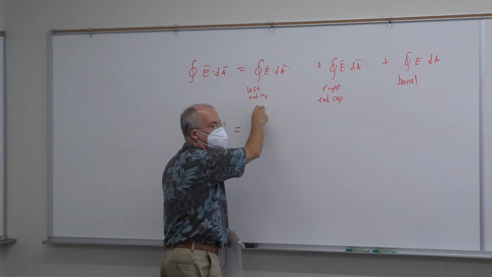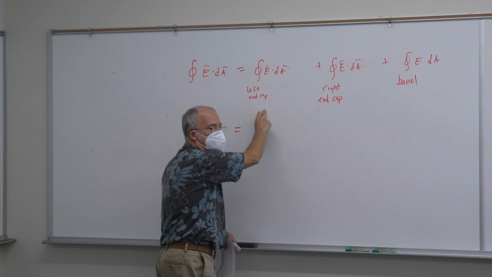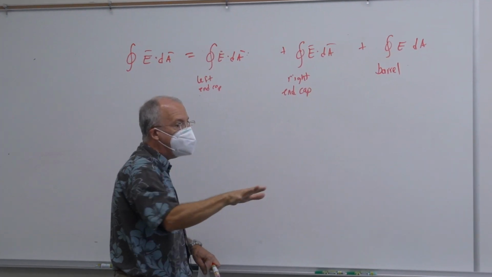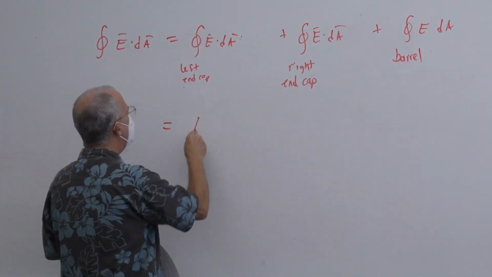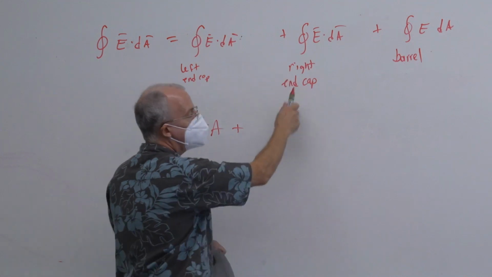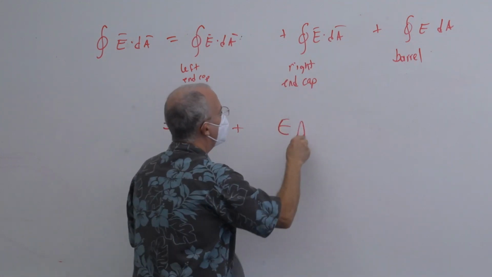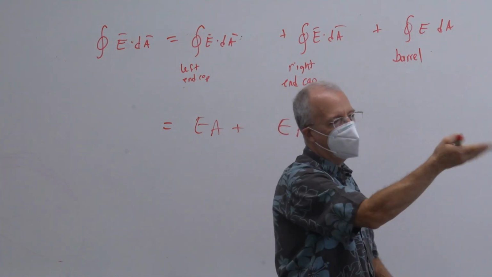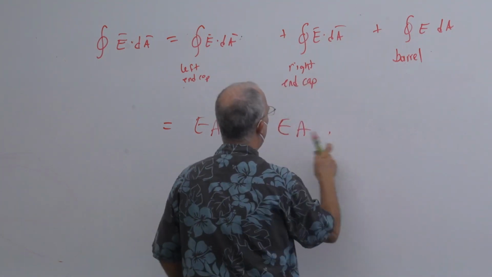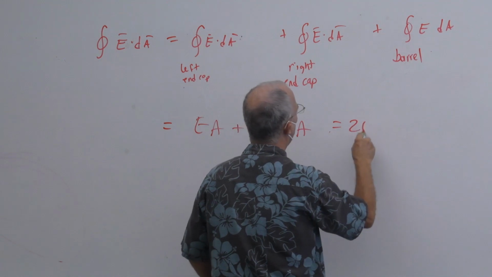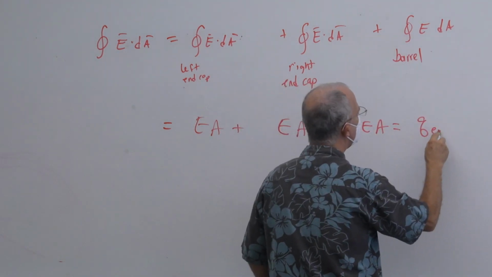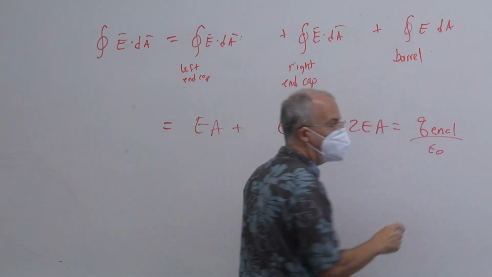What is this? Well, this is just EA. Okay, does that make sense? And what's this? 0, because they're perpendicular. They didn't show it, but it would be. So this is just 2EA. Okay, but now this equals Q enclosed over epsilon 0.